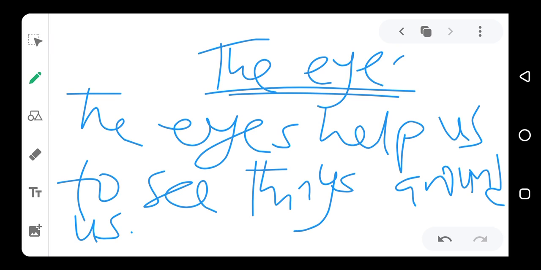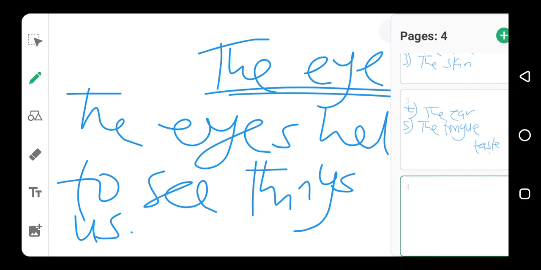Let's show or draw the eye and see the parts that make up the eye and how the eye helps us to see. So let's look at the structure of the eye.